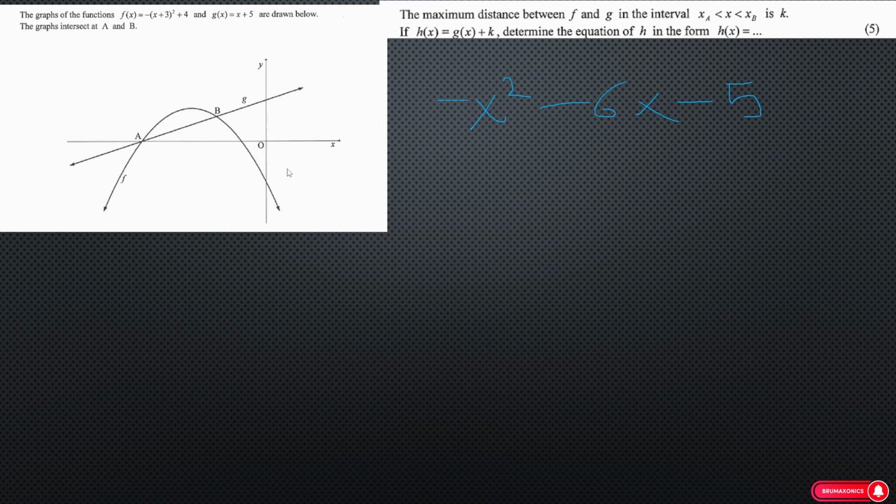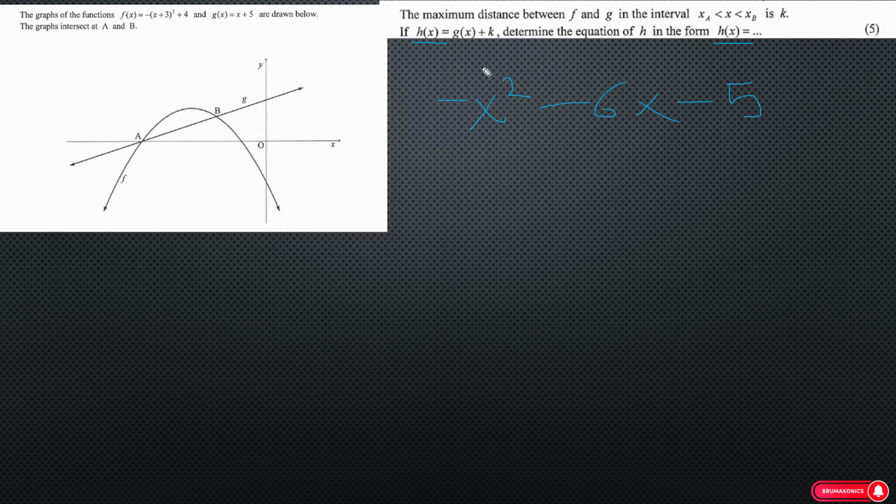Okay, so the next question is the one that says that the maximum distance between f and g in the interval is given, and that will be k. If h of x is equal to g of x plus k, determine the equation of h in terms of h equals to.